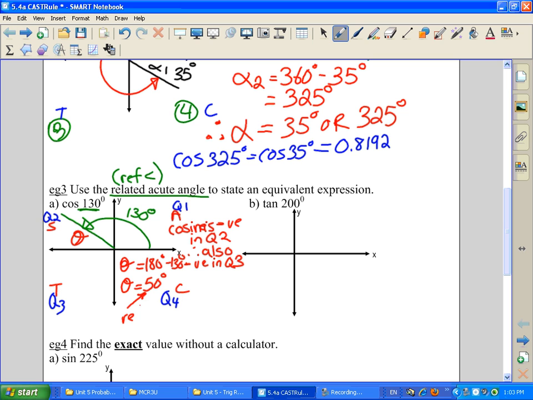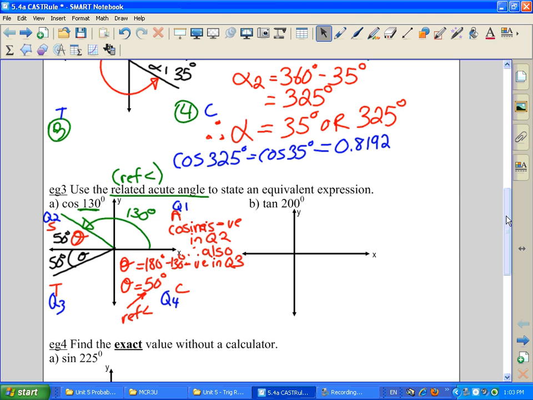So to draw that, now that we know this is 50 degrees, we also have to draw it so that it's 50 degrees in quad 3. So we now know this is 50 degrees. You can call that theta.